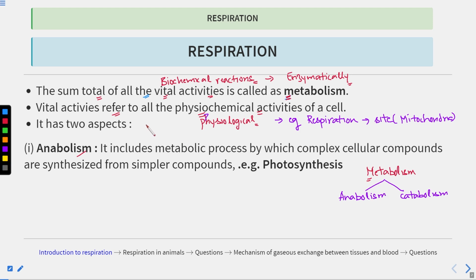Now let's discuss anabolism. Anabolism includes the metabolic processes by which complex cellular compounds are synthesized from simpler compounds. So what is happening during anabolism? It is the formation of a complex compound from simple compounds.